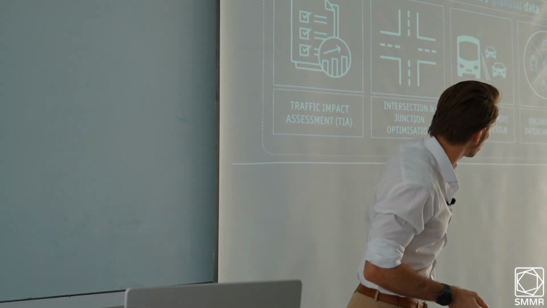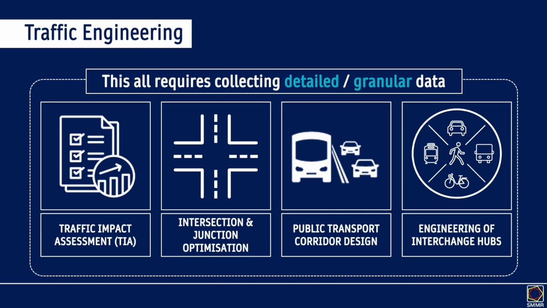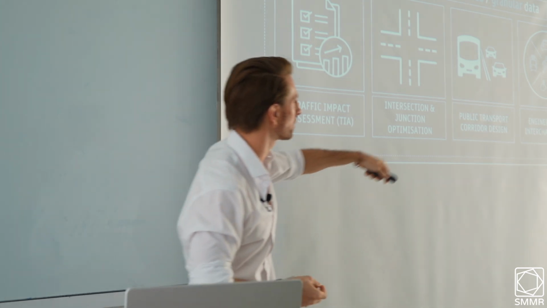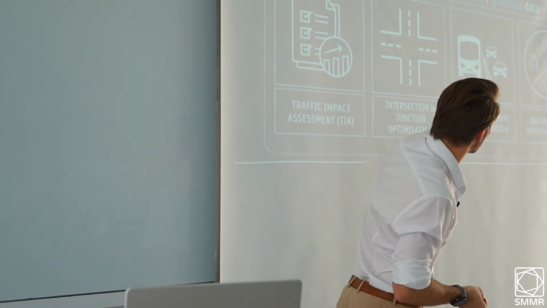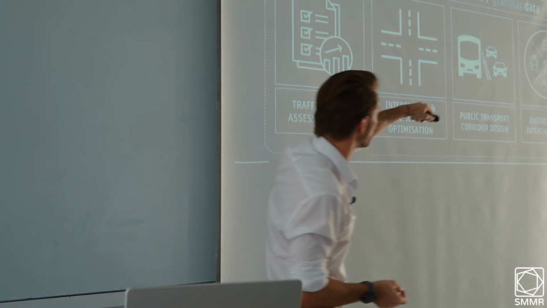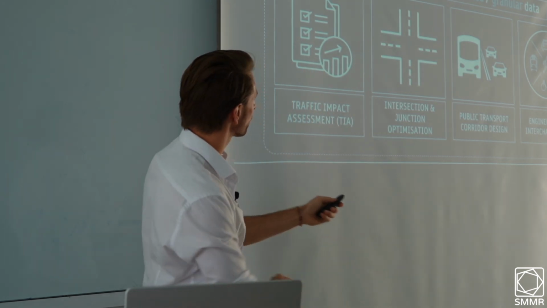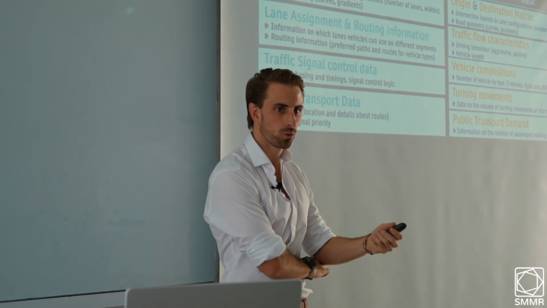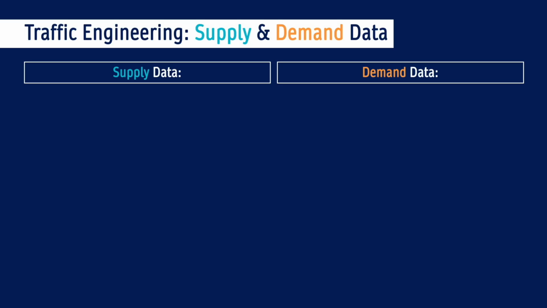And also the engineering of interchange hubs, where people go, say, from bus to tuk-tuk. There's ways we can design that space and make it as smooth, safe, and seamless for the users of the different transport services. And again, your traffic engineer will work with different kinds of supply data and demand data.